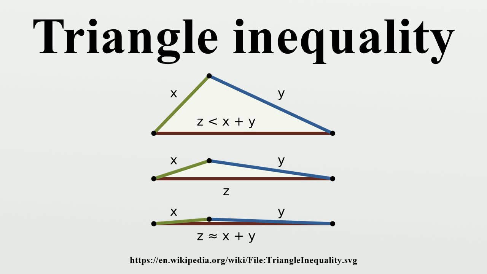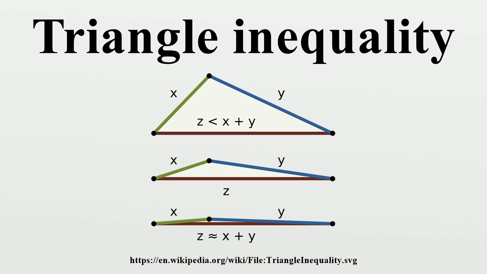This version of the triangle inequality reduces to the one stated above in case of normed vector spaces, where a metric is induced via d(x, y) equals the norm of x minus y, with x minus y being the vector pointing from point y to x.